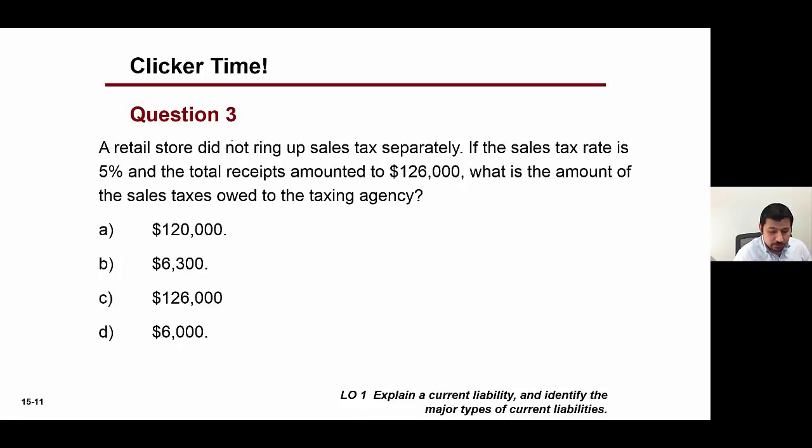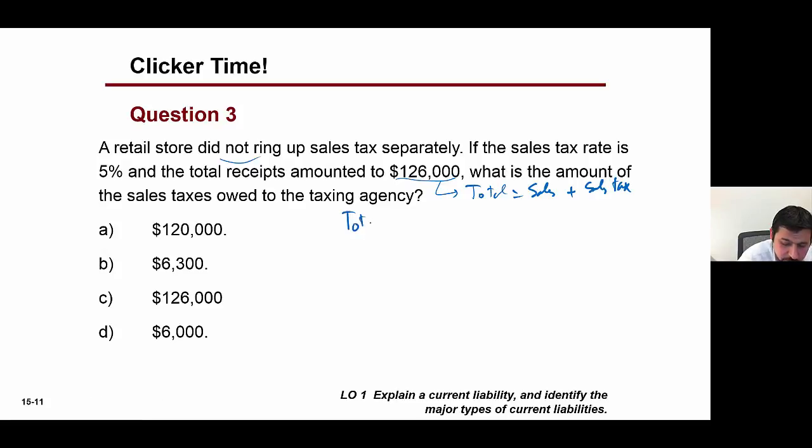Here, the store did not ring up the sales separately, so this amount is the total, which is equal to the sales plus sales tax. To calculate the amount of the sales tax, a common mistake is to multiply this by 5%. This is not correct.